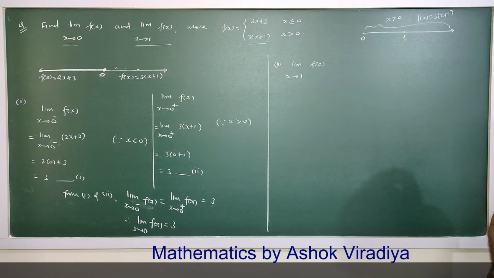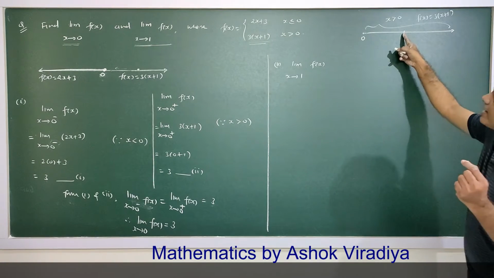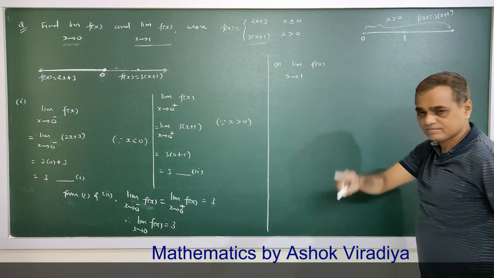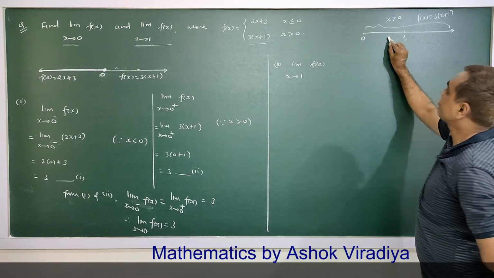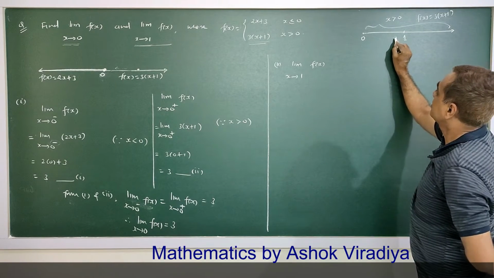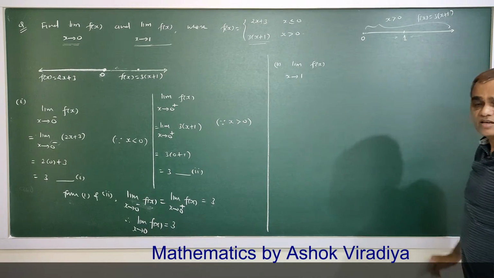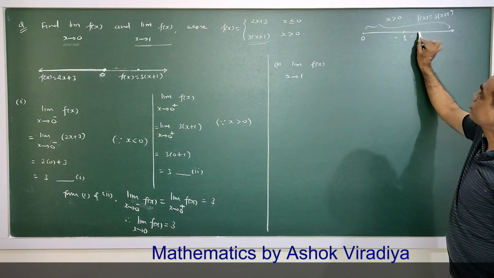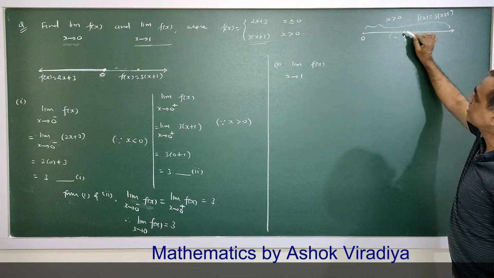Now look here, at 1, when x tends to, now we are discussing at 1. If x tends to 1 from left or if x tends to 1 from right side, when x is changing its value from left of 1 or from right of 1, that means x lies either in this side or in this side.